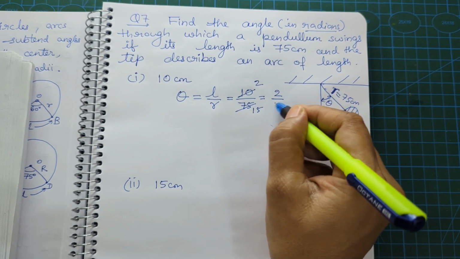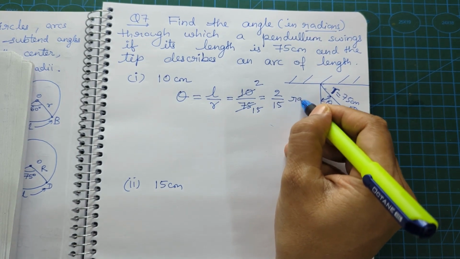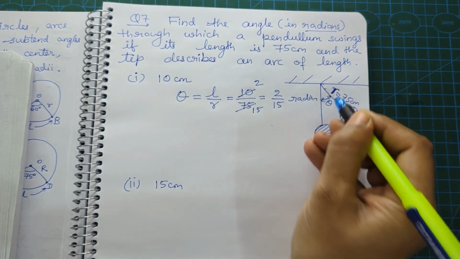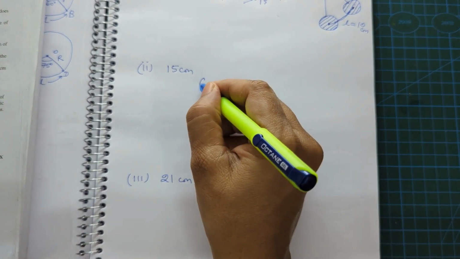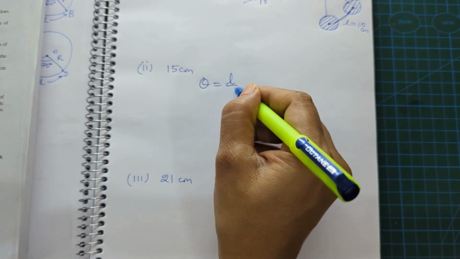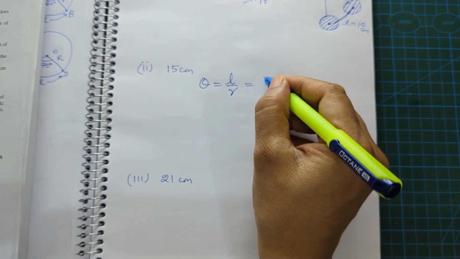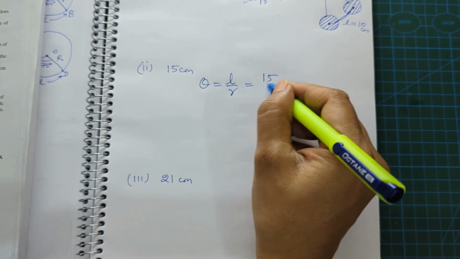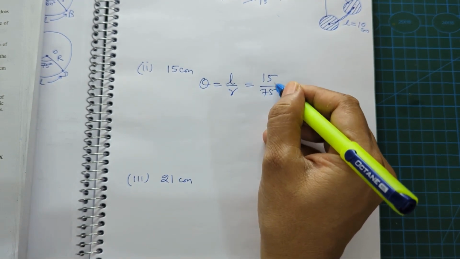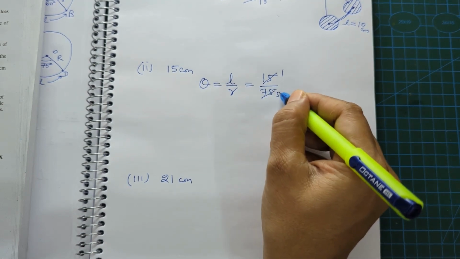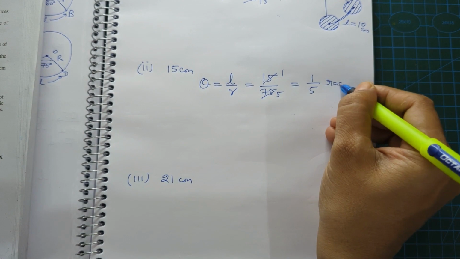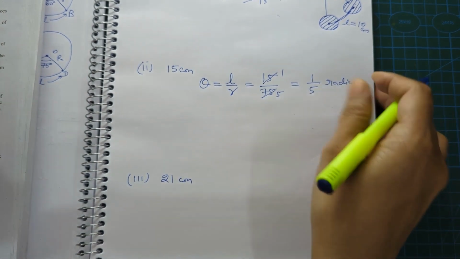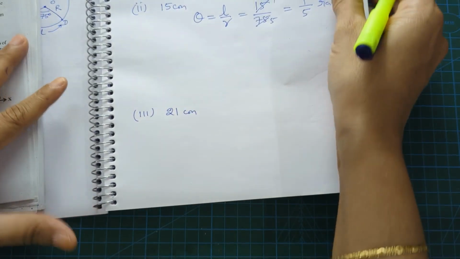So 2 upon 15 radians. About the second one, theta is L by R. Length is 15, radius is 75, so 15 ones, 15 fives, so 1 upon 5 radians.